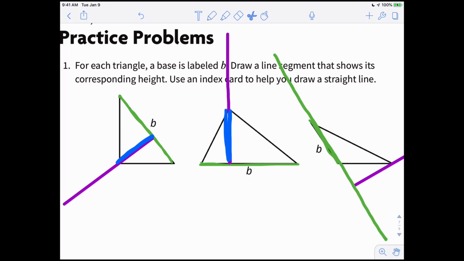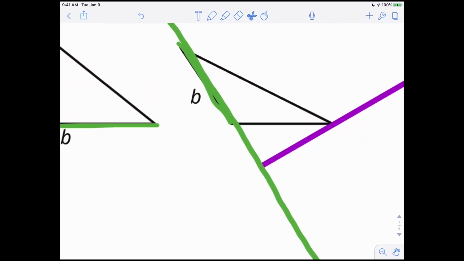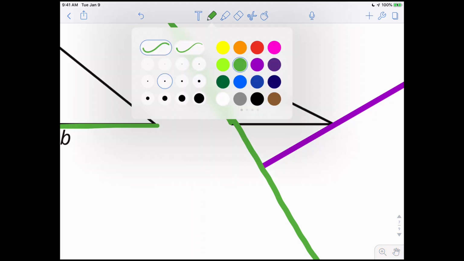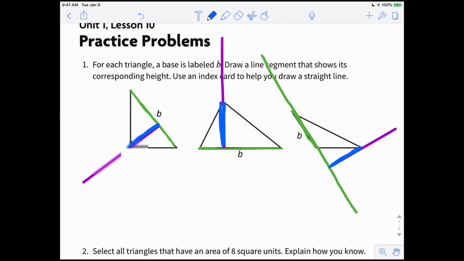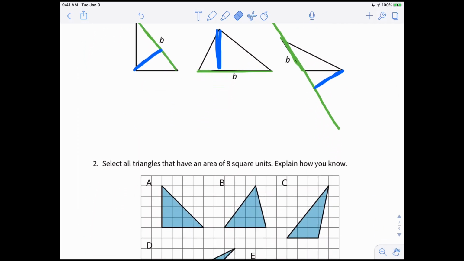So we can see that our height is right there, and that's going to give us the height of that triangle. So now if I wanted to, I could delete my height finders, and there's our resulting heights of each of those triangles. That's kind of cool.